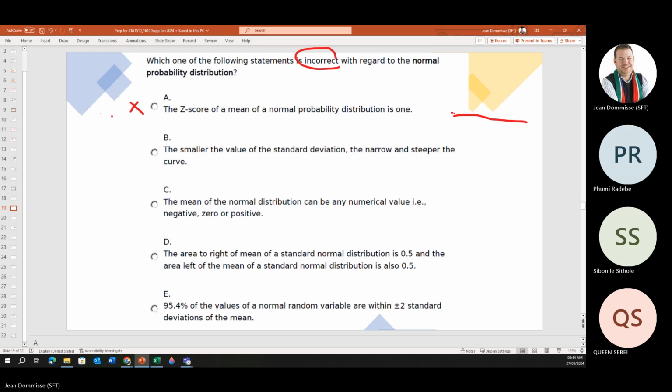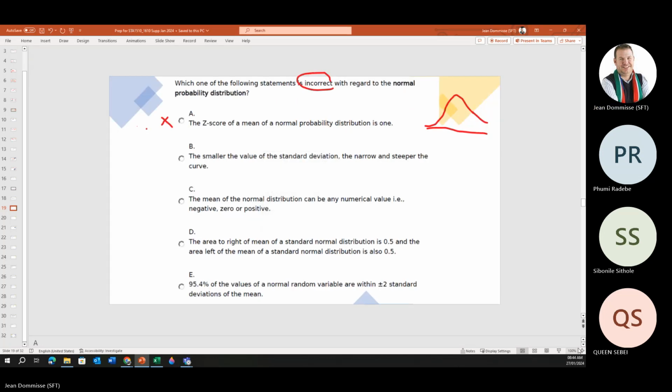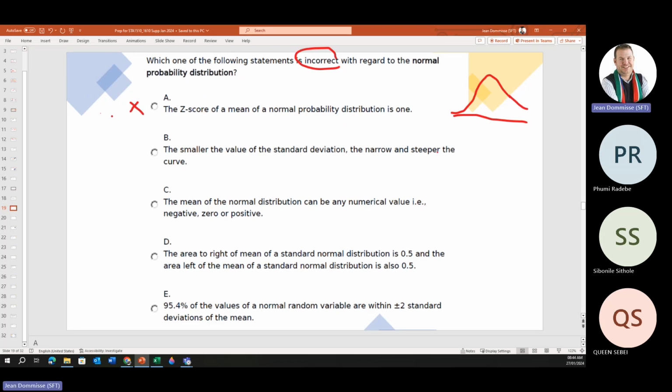Remember, this whole thing is a normal probability distribution. The z-score is only at 1. The other areas are still different. So there you have -1, there you have 0. So that is definitely not correct.